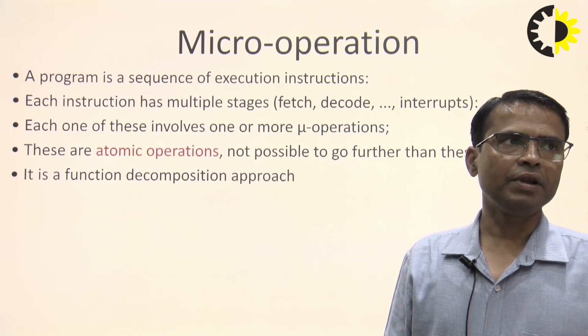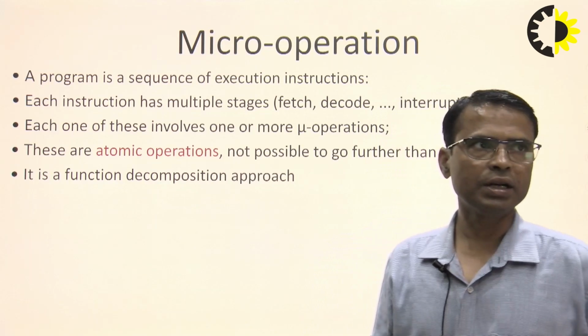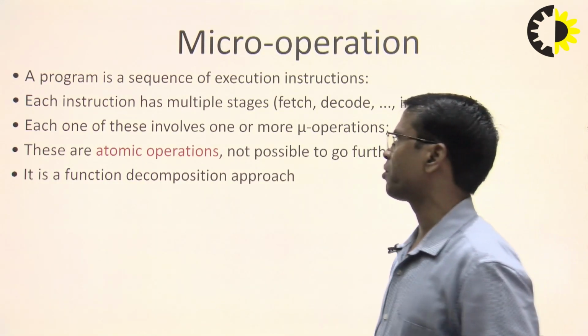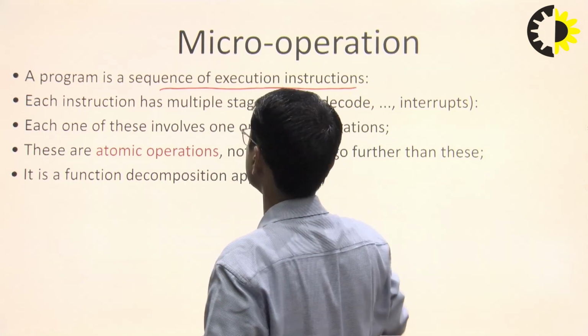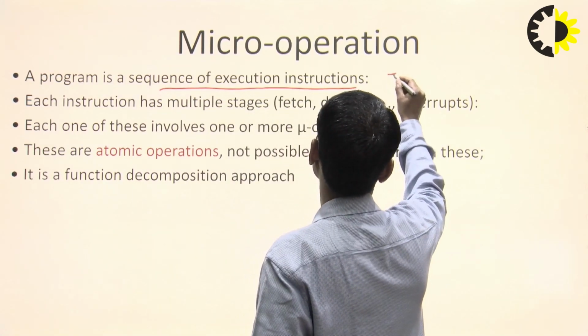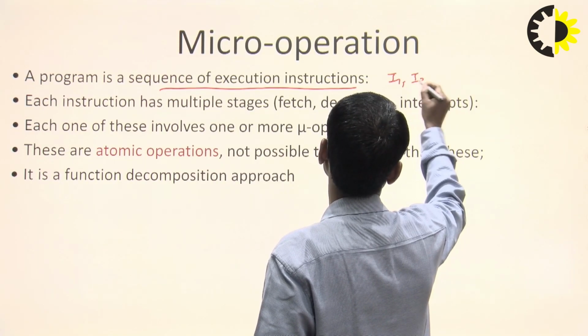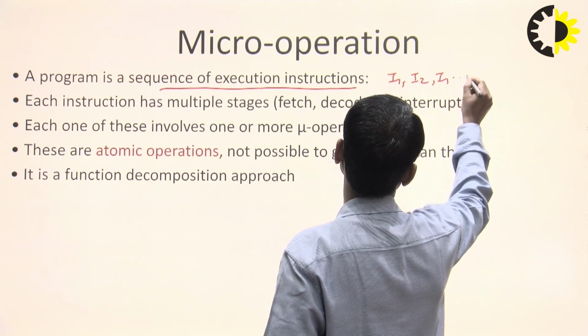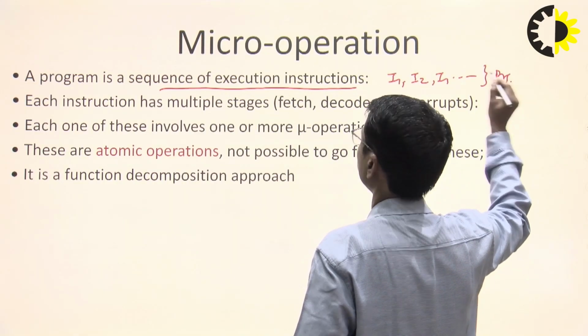Now, when we consider a program that we write for a computer, we say that the program is a sequence of execution of instructions. So I1 is followed by I2 is followed by I3 and so on, and that is called a program.